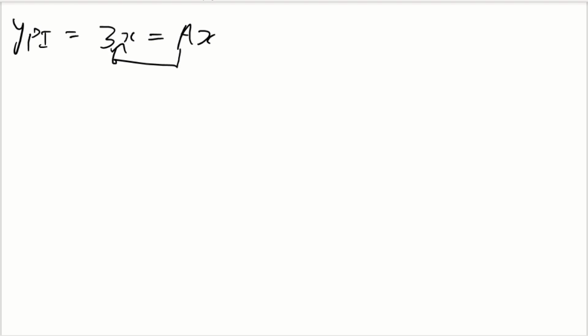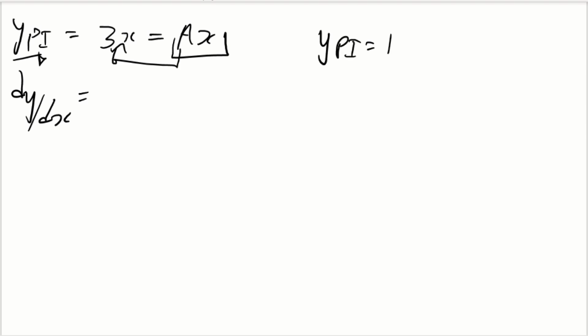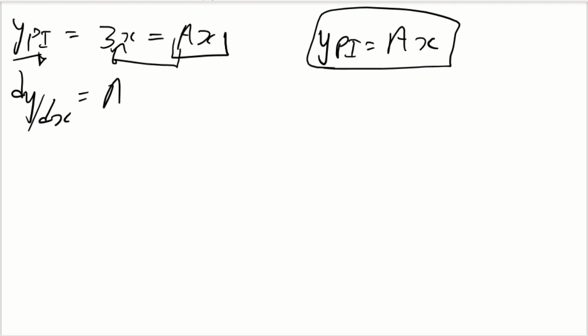You're gonna differentiate this equation of y_PI, dy over dx, with respect to x. So your y_PI, you're gonna ignore that 3x and say ax. The differentiation of that, you're gonna get a.